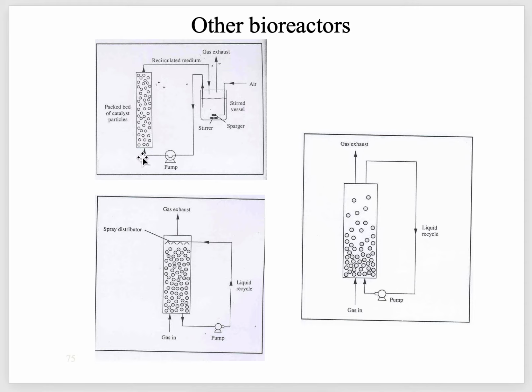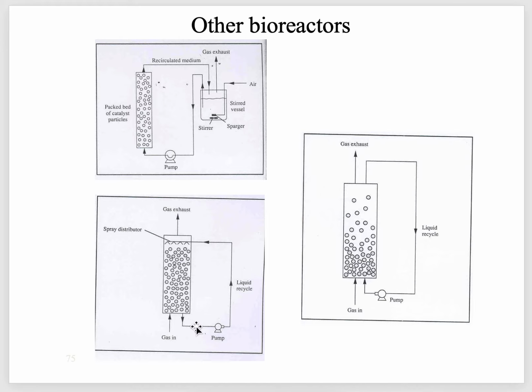In case of a packed bed, the medium is pumped from the bottom, but in case of trickle bed, the media is sprayed on top of the bioreactor. After the media is sprayed, it trickles through the biocatalyst and finally gets out from the column. Similar to the packed bed, you can again recycle this liquid.